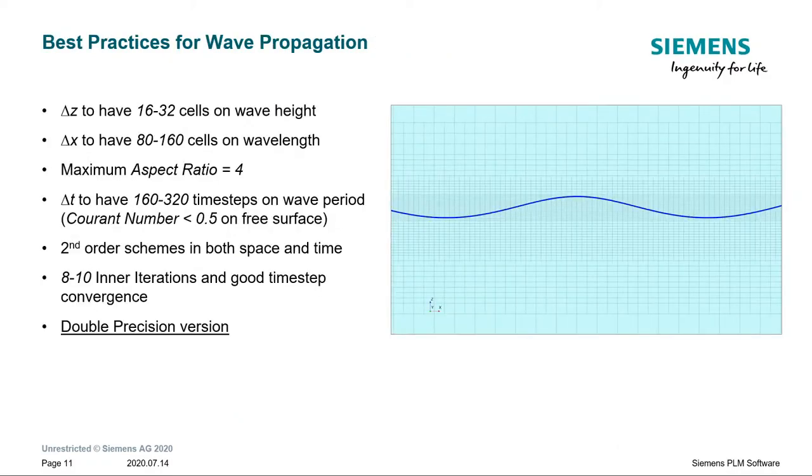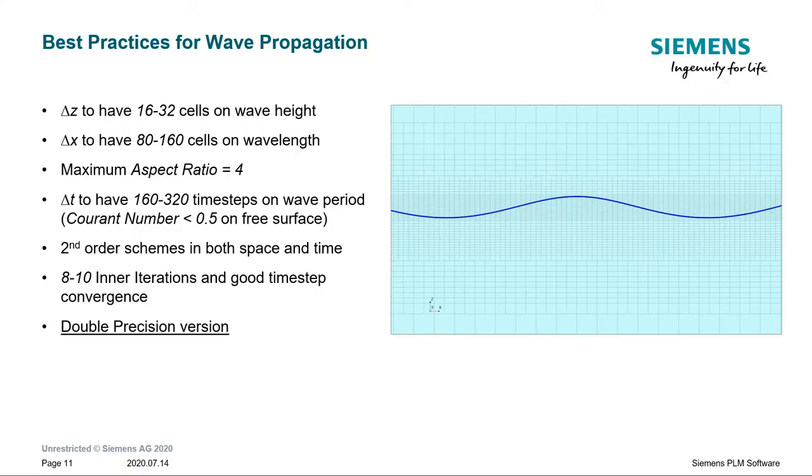Concerning discretization in space and time, we have quite a lot of consolidated best practices in terms of number of cells across wave height and wavelength. One of the most strict rules concerns the time discretization.